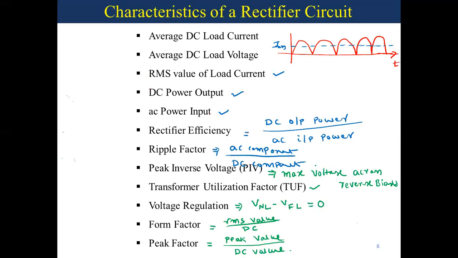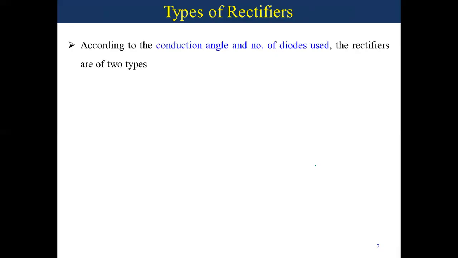Then types of rectifiers. In general, there are two types of rectifiers, based on the conduction angle and the number of diodes used in the rectifier circuit. The first one is half wave rectifier.